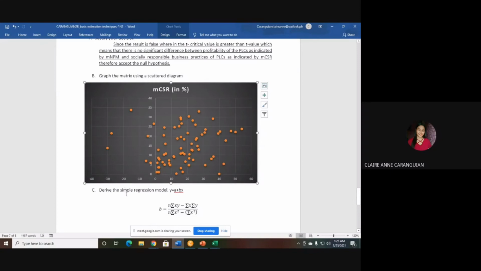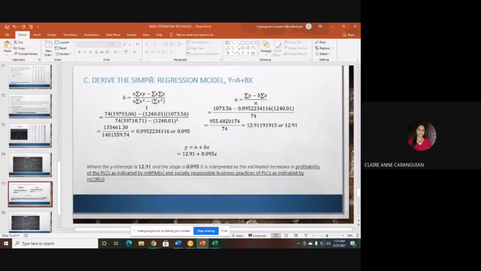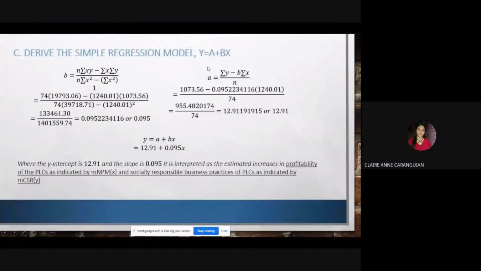Then, the next requirement is derive the sample regression model of y using the formula y equals a plus bx. Before we compute the simple regression, or the y-intercept, we should calculate b and a.